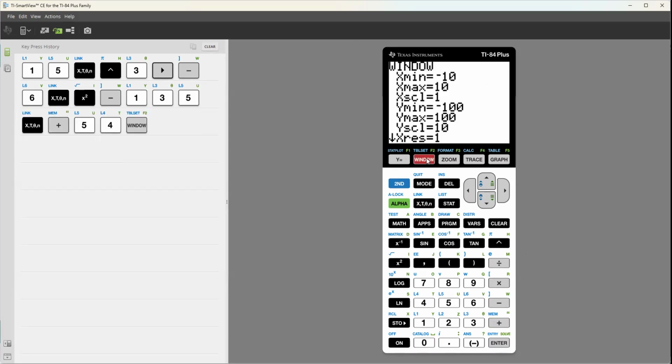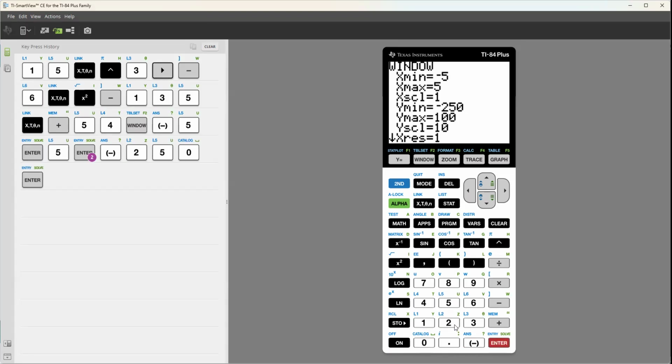The window went from negative 5 to 5. It went by 1. The y went from negative 250 to 250. And it looks like that was going by 50 each mark.